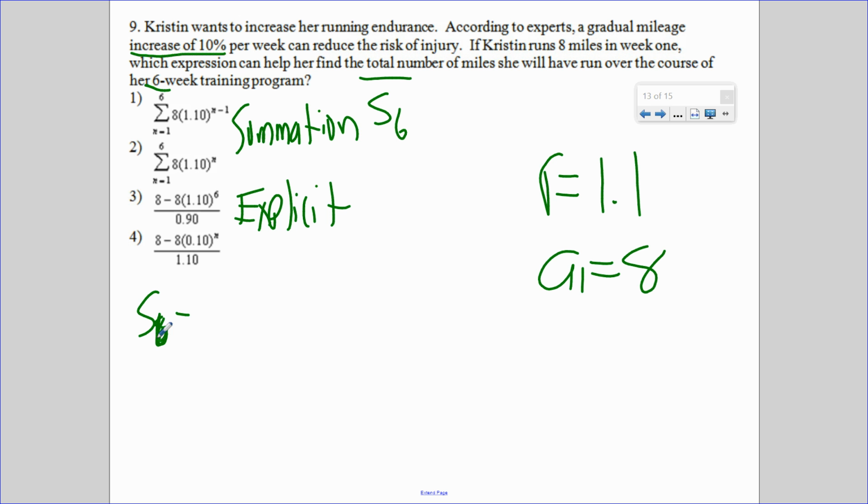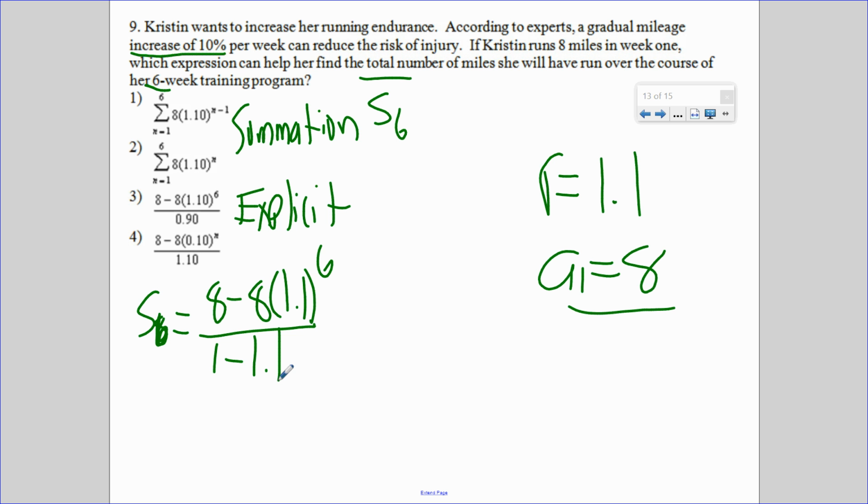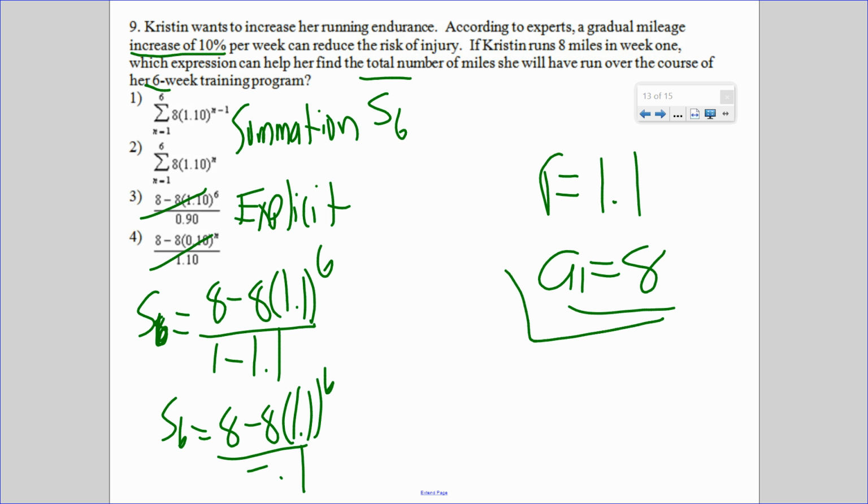S6 equals A1 times 1 minus R to the n over 1 minus R. 1 minus 1.1 is all I can do. You can use a calculator if you need to. That's negative 0.1. That's not choice 3. That's not choice 4.